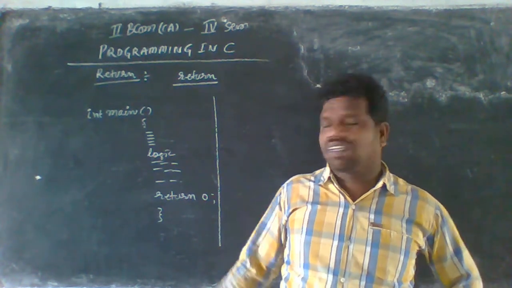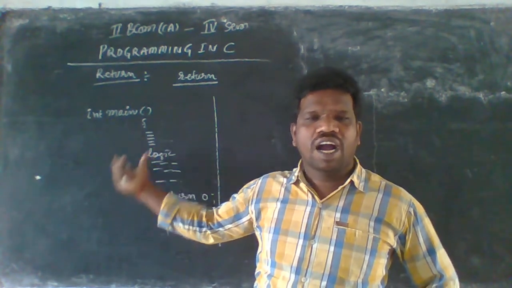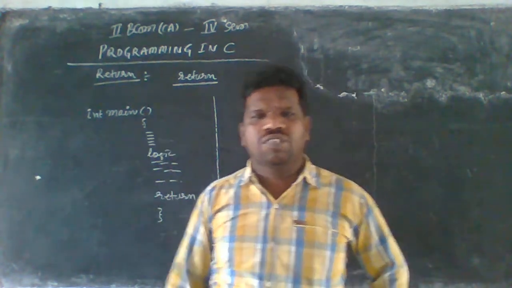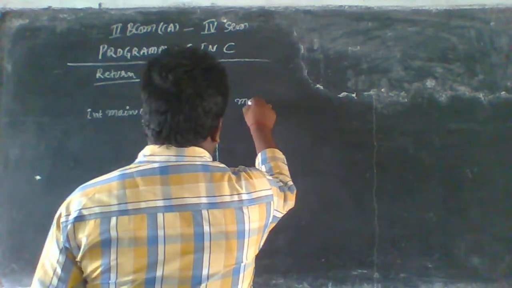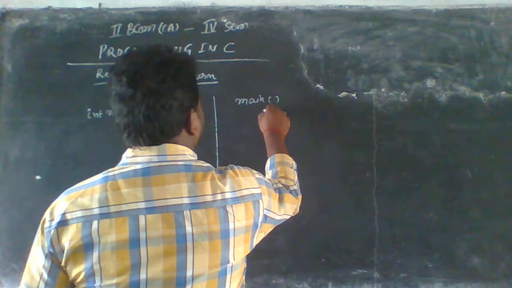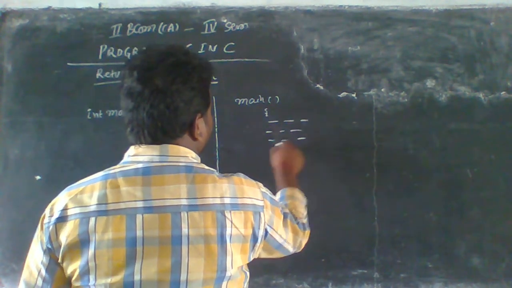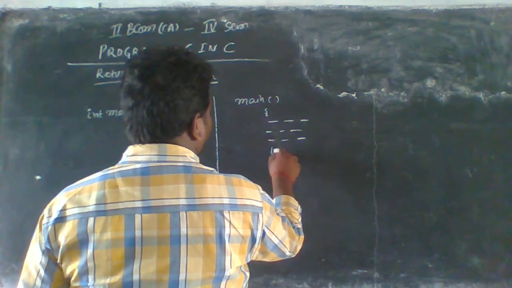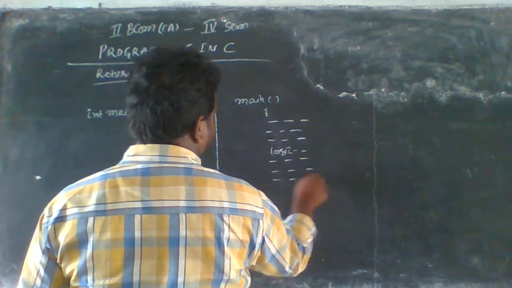This is one type of returning statement, and there is another type also used here, called the main function. Open statements, and we have to use the logic code here, and close this.